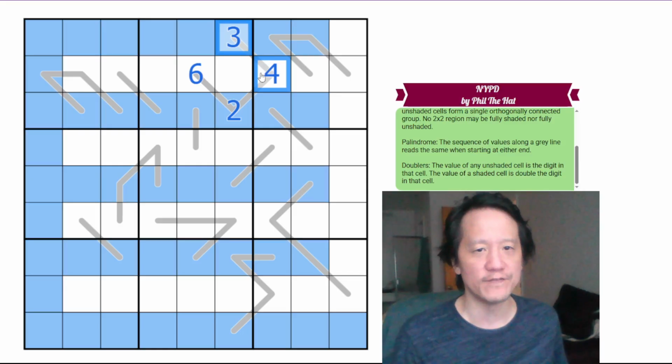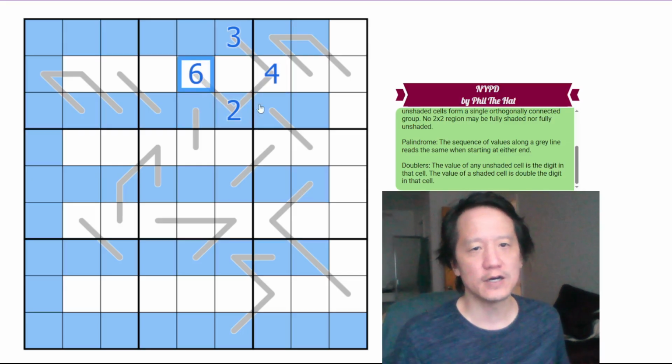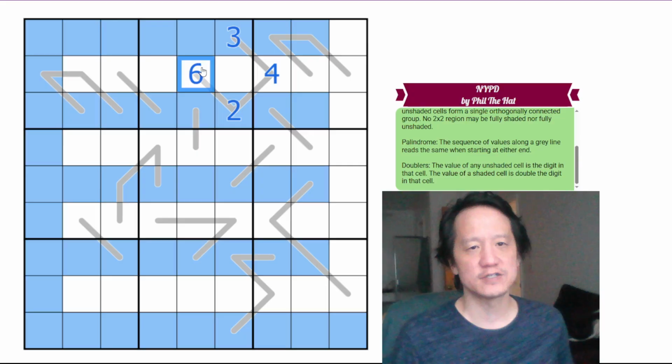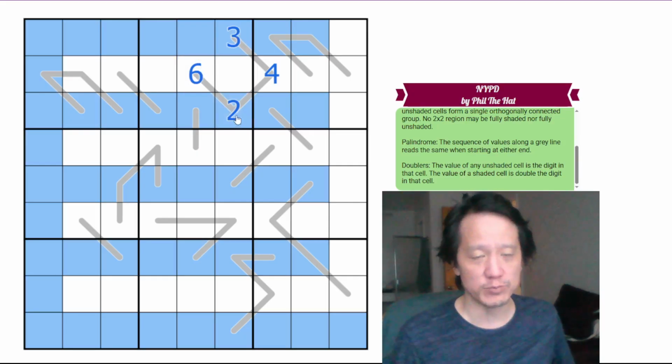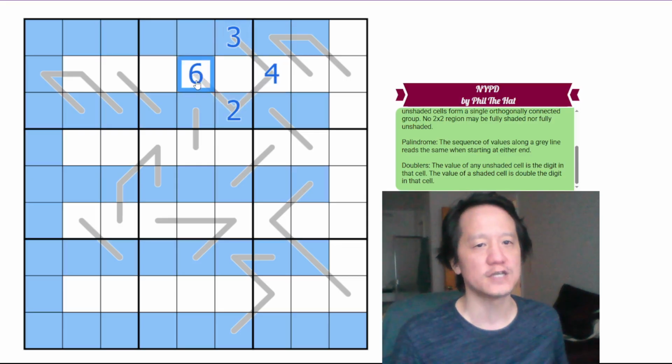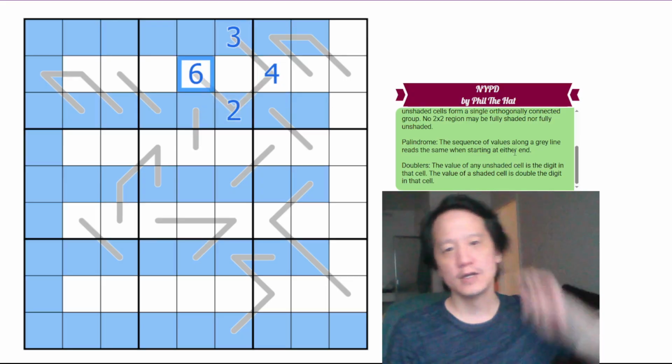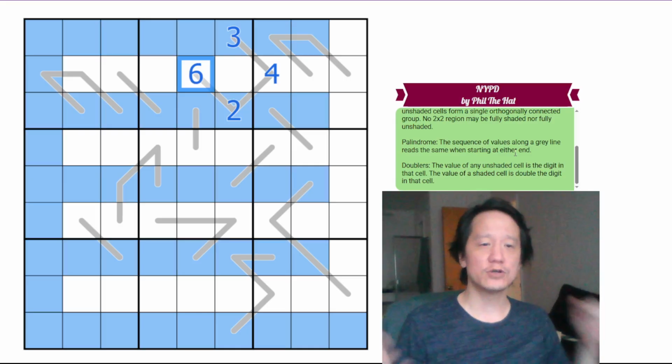This would be a valid palindrome, because this 3 is doubled in value, so it's 6, so you have a 6 on both ends in value. This 2 is doubled in value, so it would be 4. So if you read the values, it would be 6, 4, 4, 6, in either direction. And those are all the rules.